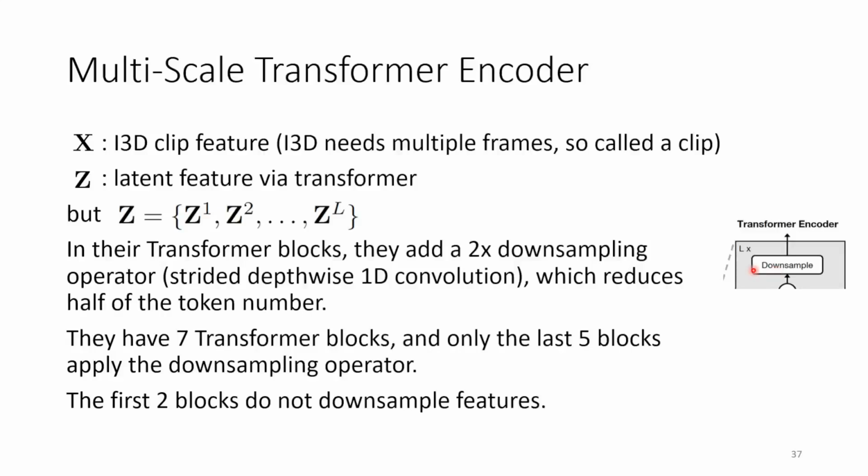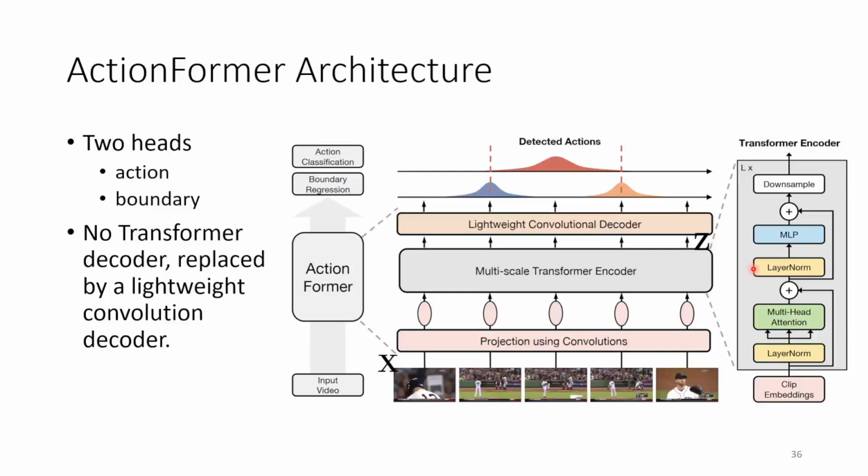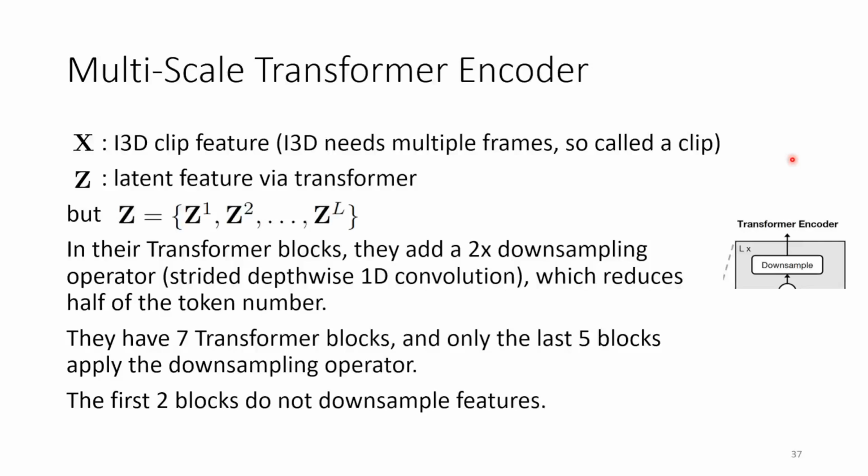So let me explain. So there are several layers of their architecture, transformer blocks, right? There are totally 7 layers of the transformer architecture. For the first two blocks, they don't use the downsample block. And for the following, the third, the fourth, they will apply the downsample.